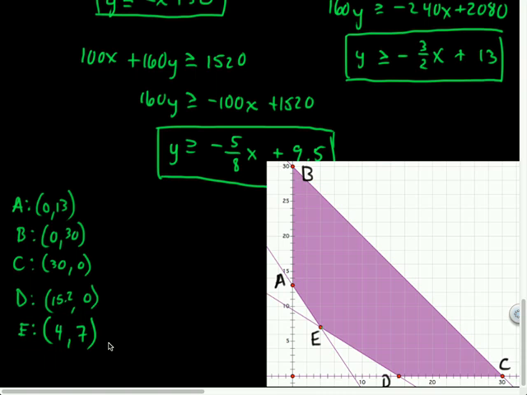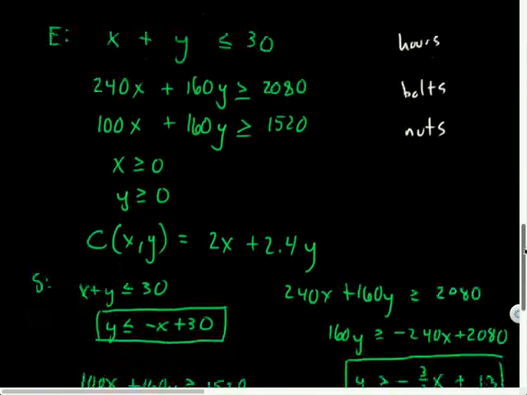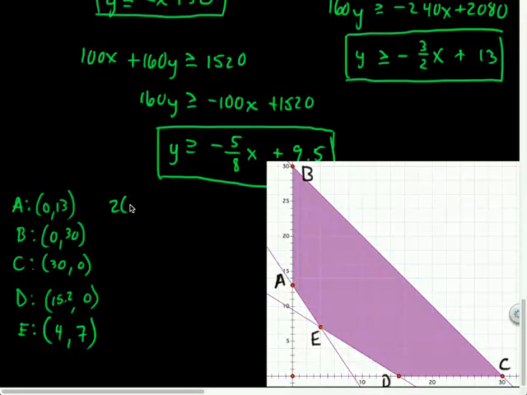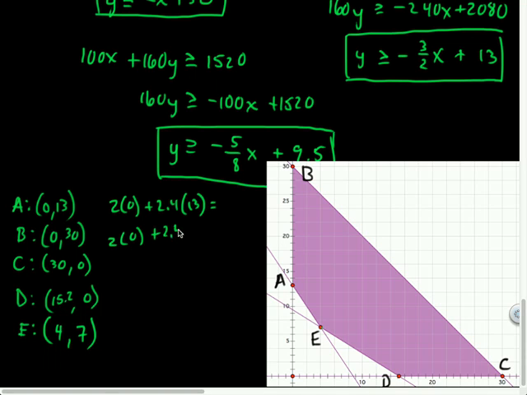Now what do I do with all these points? Plug them into our cost equation. So 2x plus 2.4y, right? So 2 times 0 plus 2.4 times 13. I'd do 2 times 0 plus 2.4 times 30.